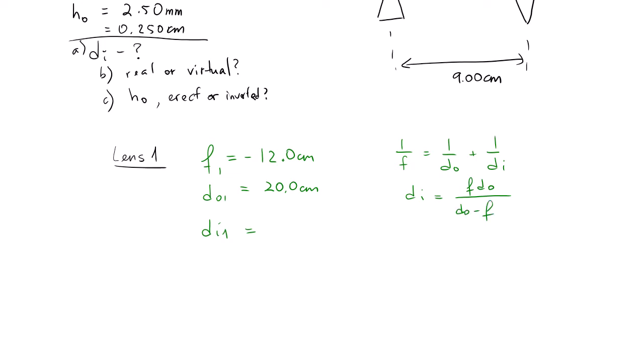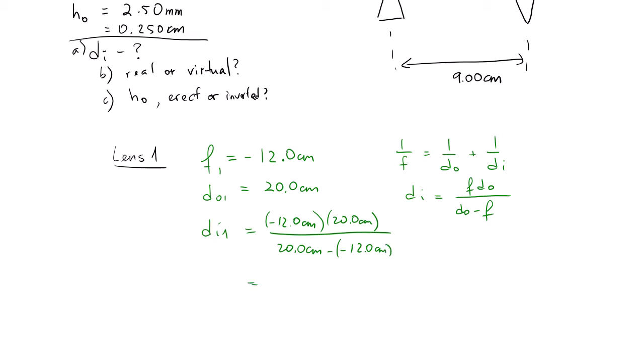Now for my case, I'm going to plug in the numbers. So I have negative 12.0 centimeters times do1, that is 20.0 centimeters, divided by 20.0 centimeters minus negative 12.0 centimeters.